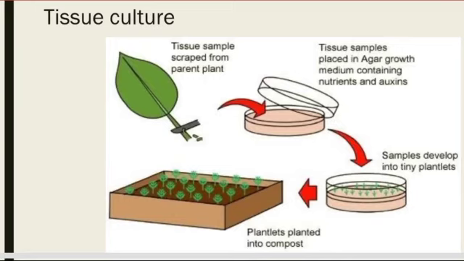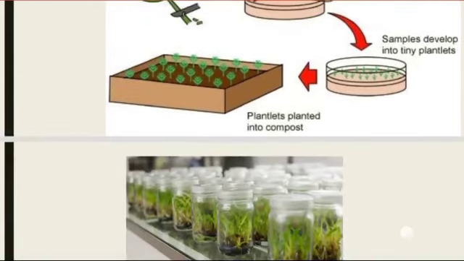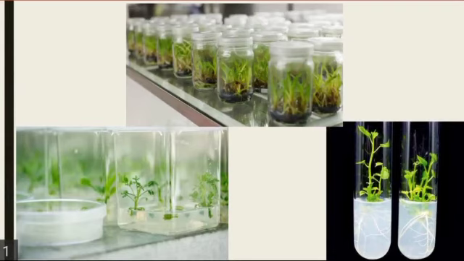After keeping these plant parts in this medium for some days, they will be developing tiny plantlets. After getting to a certain growth, we will be planting them into different compost and we will be taking care of them after. Okay, this is the method of tissue culture, and this is showing some pictures of tissue culture techniques.